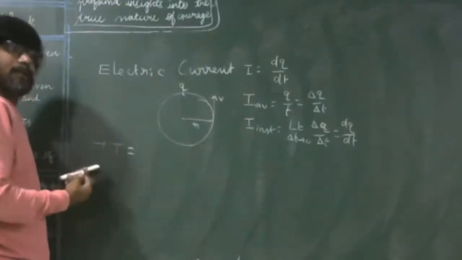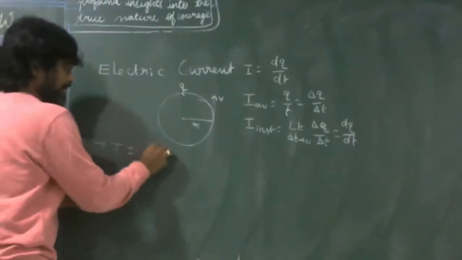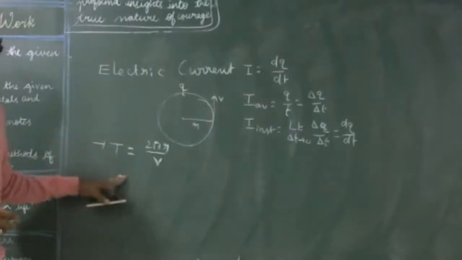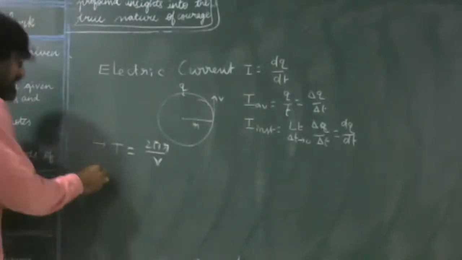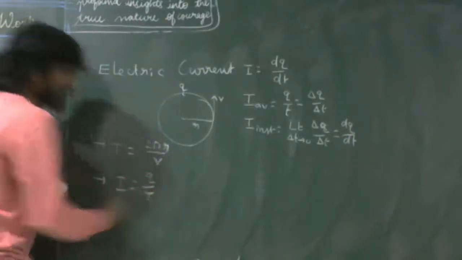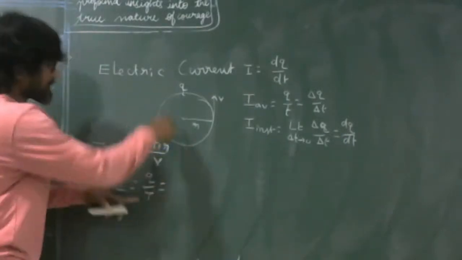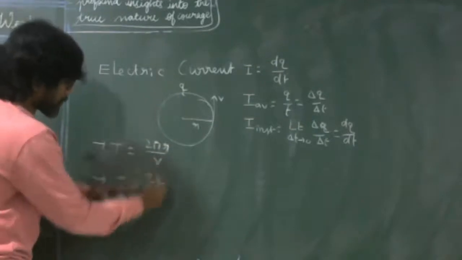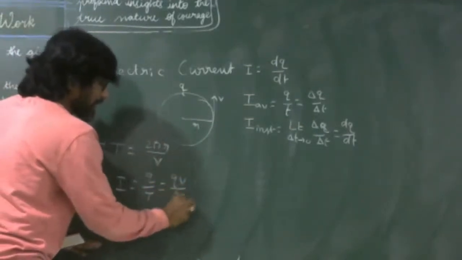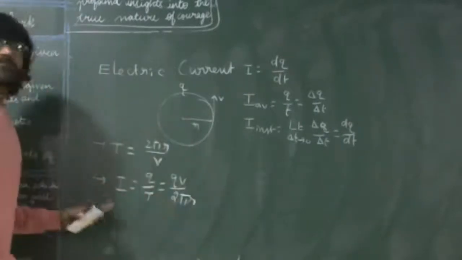Distance by speed. Distance is 2 pi r, speed is v. So by making use of this, you can calculate the current produced. The equivalent current I is equal to q by time period. If you substitute here, you write 2 pi r by v, and you get qv by 2 pi r.